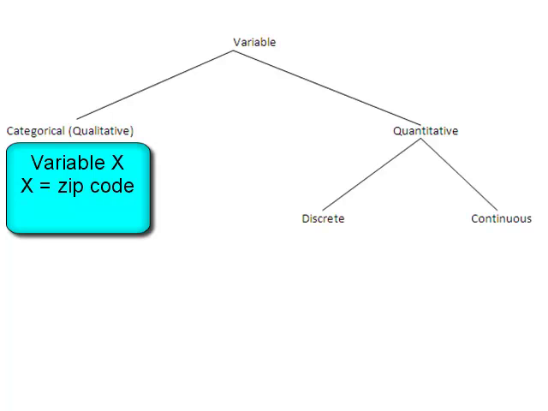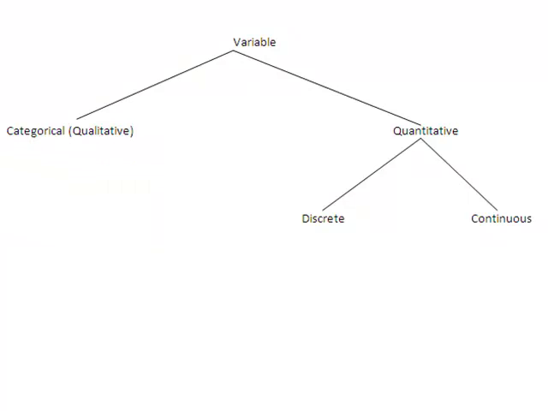So a zip code tells you what area you live in. So that's categorical or qualitative data. Area code, again, even though it's a number, would be categorical. Even a jersey number on a player's shirt is categorical.